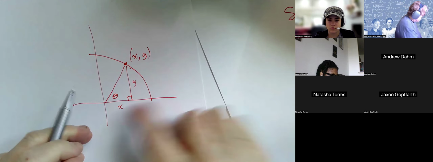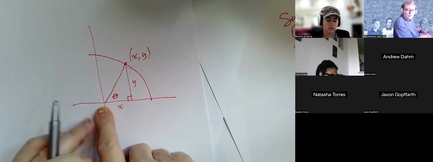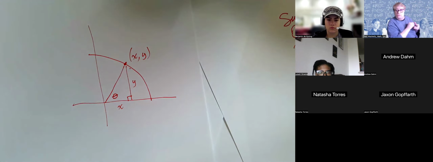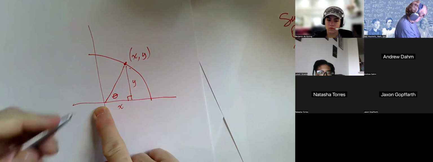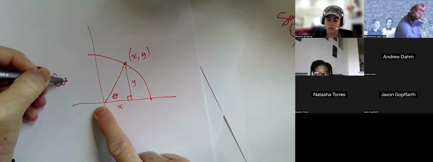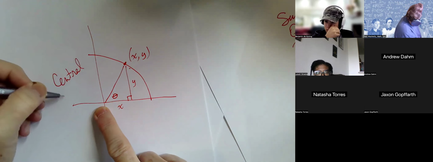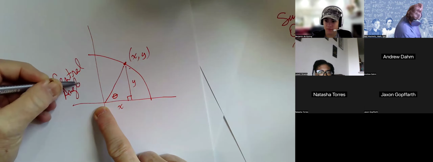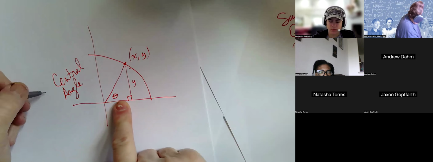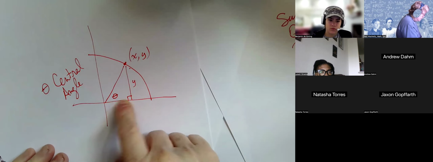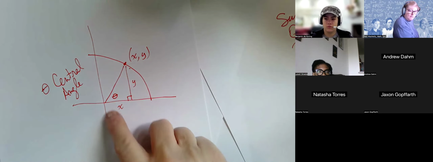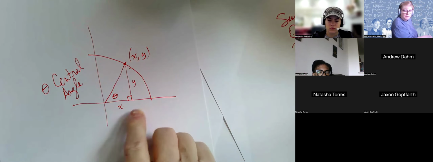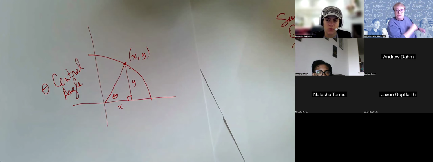So if theta is a central angle, and central angle only means it's an angle that starts at the origin and goes out. If we know that, what can I mark on this triangle so that I know it's a triangle on the unit circle?